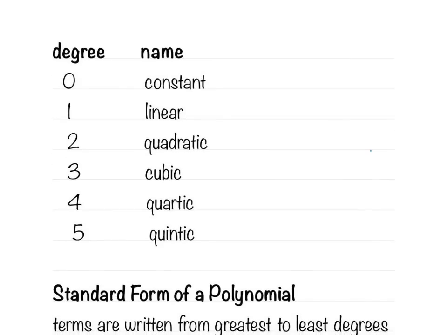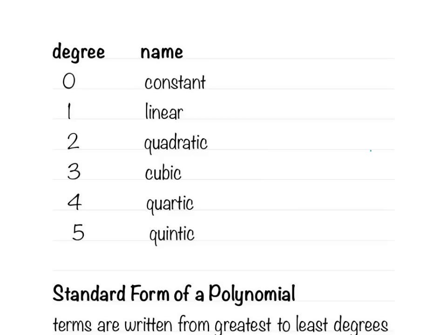There are names for the polynomial degrees. Please list these in your notes. A degree of 0 is known as a constant. A degree of 1 is a linear polynomial. A degree of 2 is a quadratic.